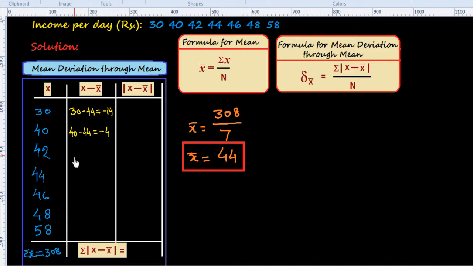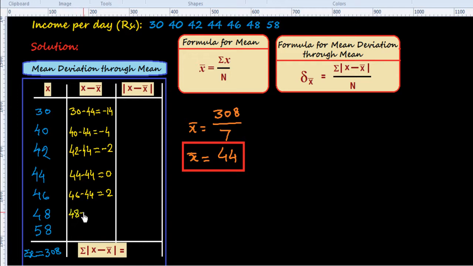It is minus 4. It is 42 minus 44. It is minus 2. It is 44 minus 44, which is 0. If we get 46 minus 44, we get positive 2.